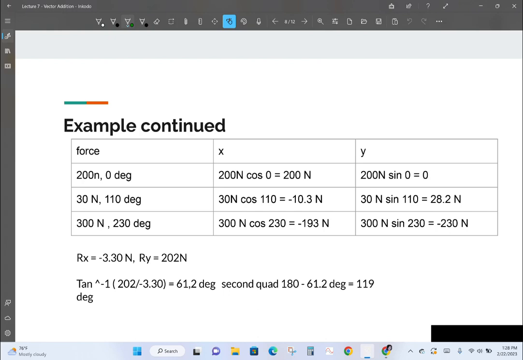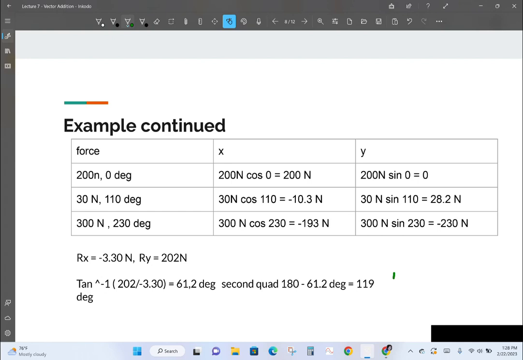30 newtons at, actually, I think I wrote that down, but let's say it's 30 newtons at 110. It would be 30 times the cosine of 110, which is negative 10.3, and 30 times the sine of 110, which is 28.2. And then we've got 300 at 230 degrees.